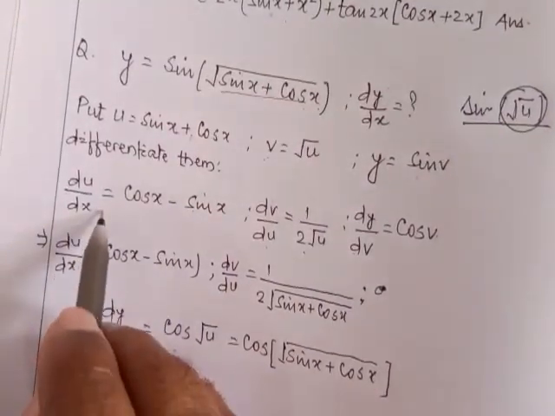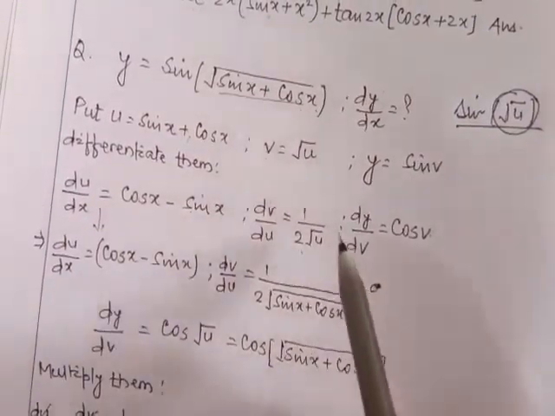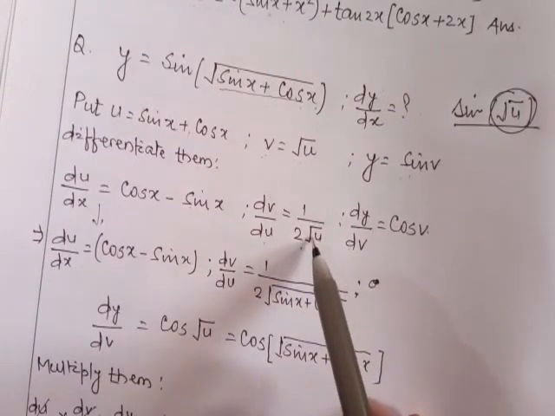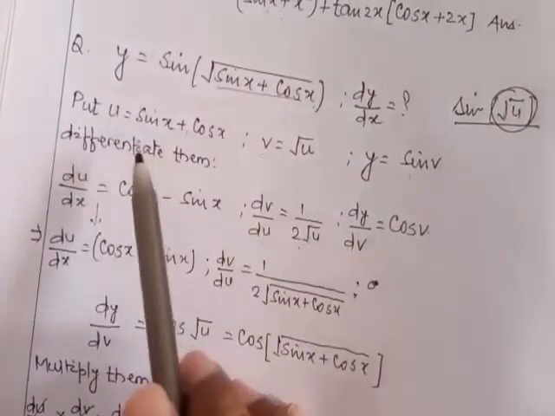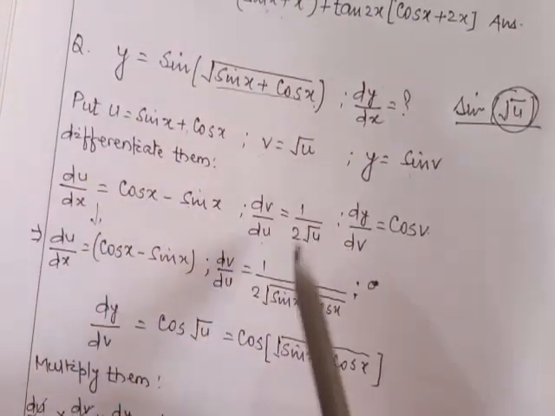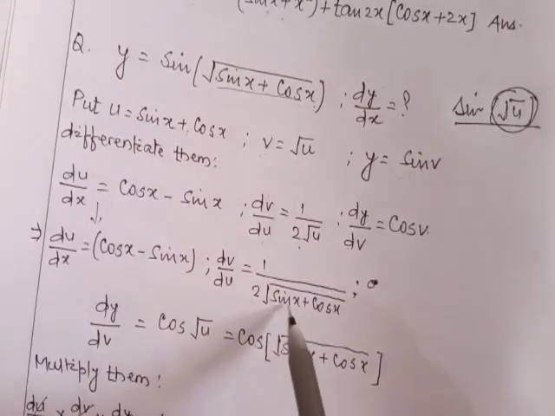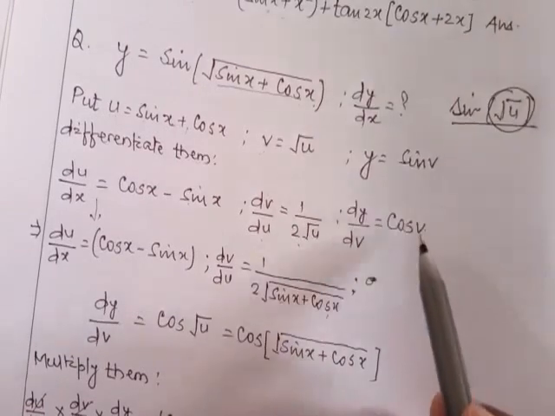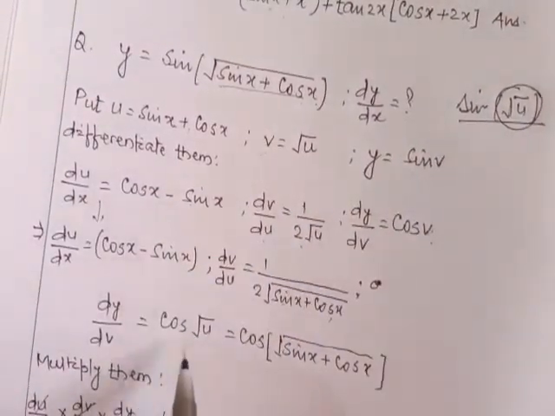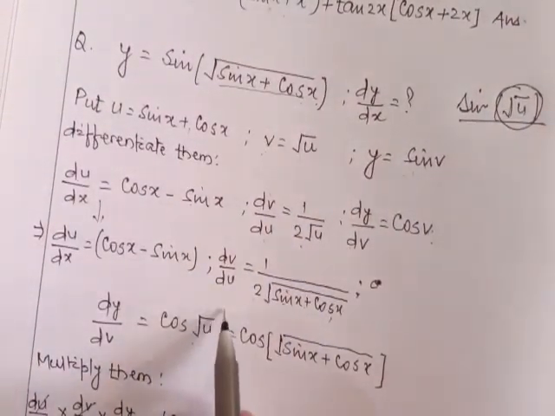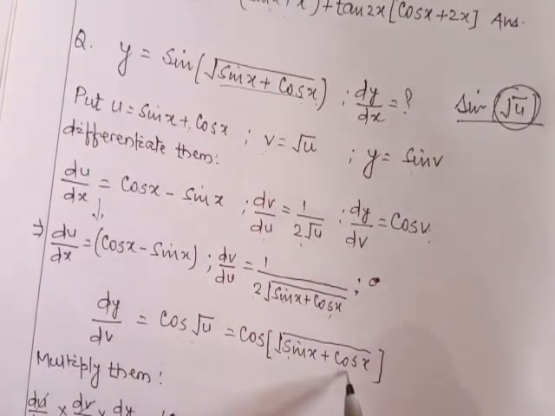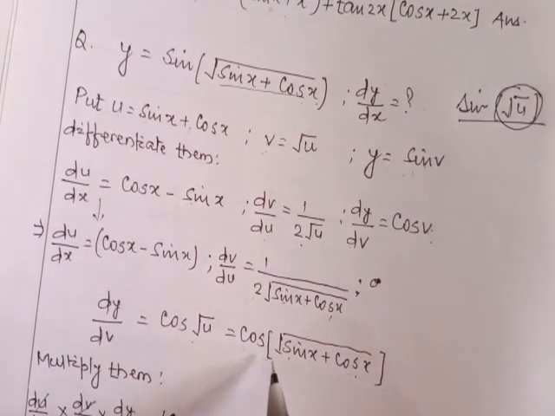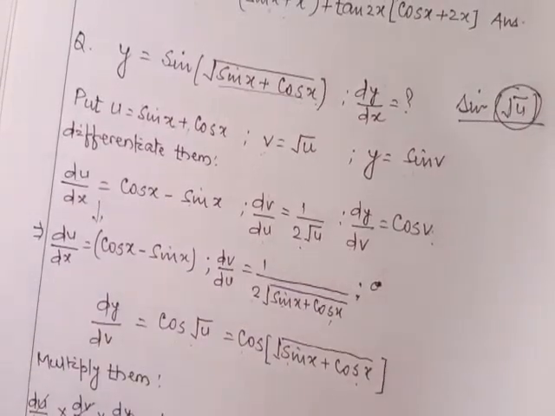In the next step, du by dx will be the same. Just put down the values. We have considered u as sin x plus cos x, so dv by du is 1 by 2 under root sin x plus cos x. Cos v, v means under root u, and under root u means under root sin x plus cos x. So this is the value of dy by dv.